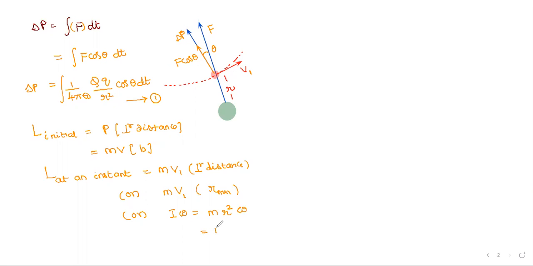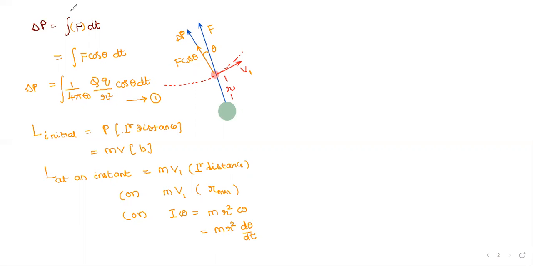So I write omega as m r square into d theta by dt. Why? Because when r changes, theta changes. So here the omega corresponds to the change in theta. So m r square into d theta by dt I can use. I think this is better. Why? Because r square and dt in a single shot I can eliminate.